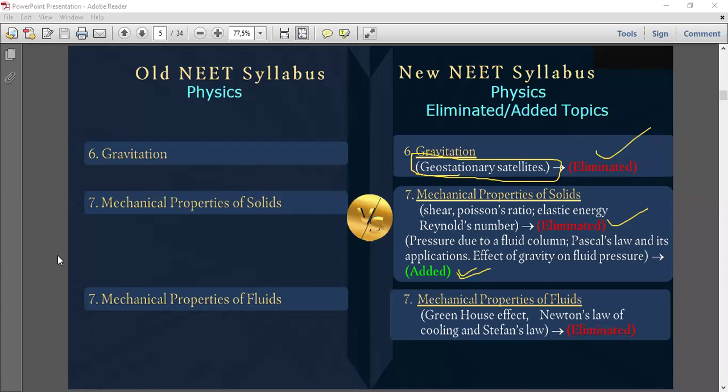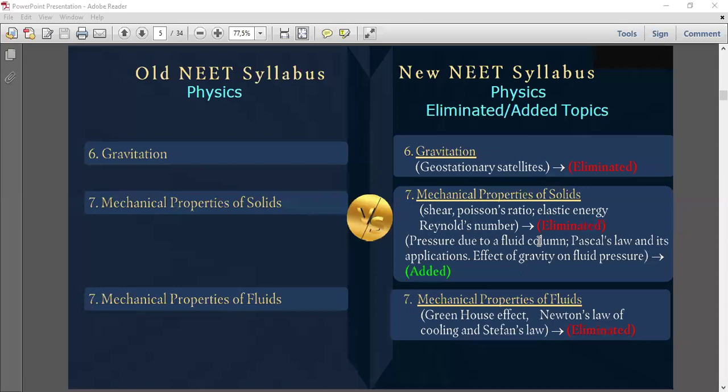Then coming to the next topic, mechanical properties of fluids. Greenhouse effect, Newton's law of cooling, and Stefan's law were eliminated in the new NEET syllabus.